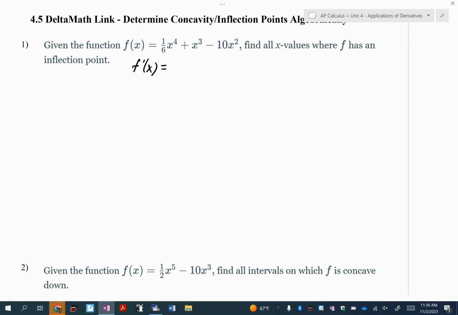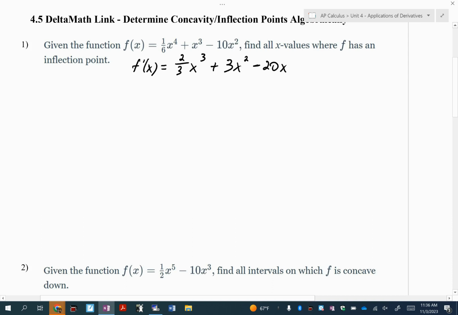Okay? So what is the derivative of 1/6 x to the fourth power? I'm going to reduce it, but yes, it is 4/6 or 2/3 x cubed. The derivative of x cubed? 3x squared. Remember, you're writing small, all right? Minus 20x. Again, am I stopping here?